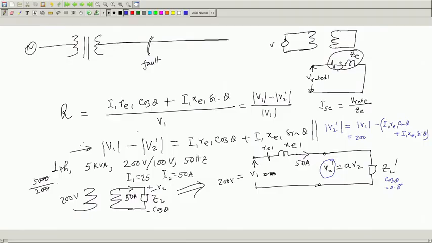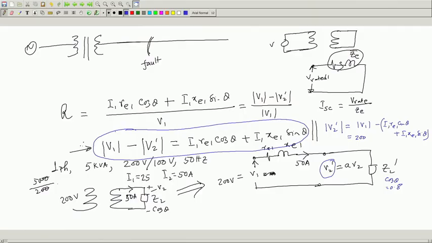Therefore, this formula is very useful in getting the secondary voltage of the transformer rather quickly, if you know the degree of loading on the secondary, by how much the voltage will fall. Okay. So, try to use it efficiently.